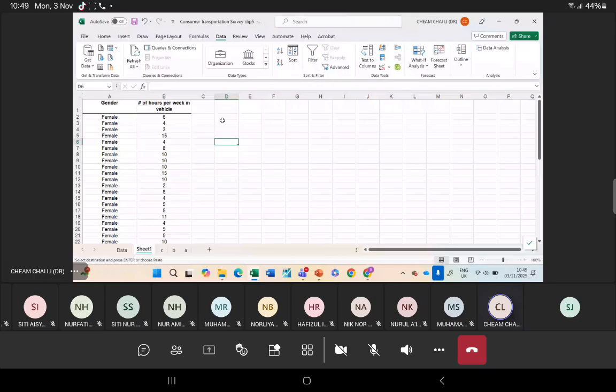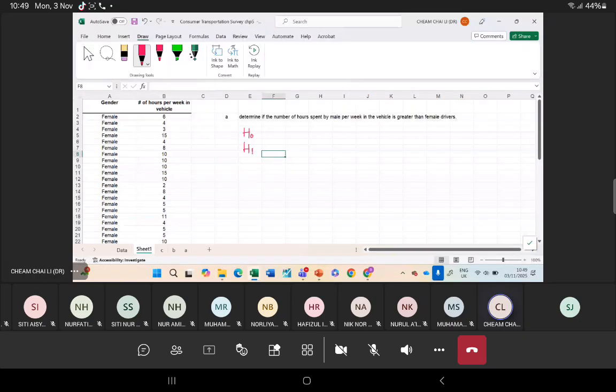Before you construct the hypothesis, maybe we let here: let mu1 equal the number of hours spent per week by male.